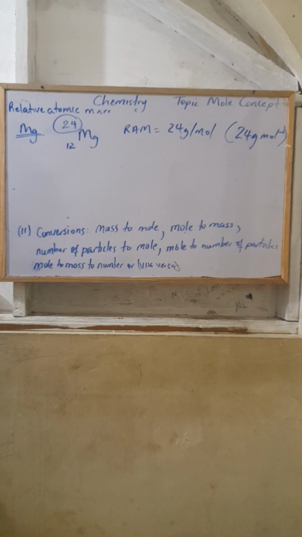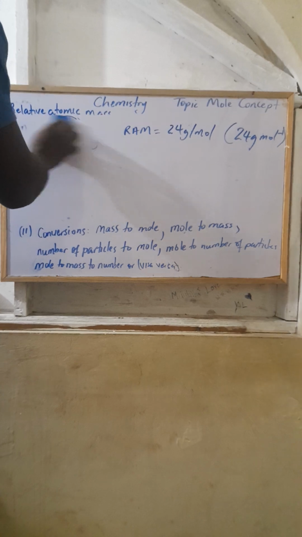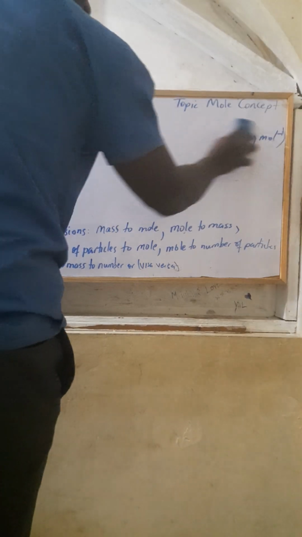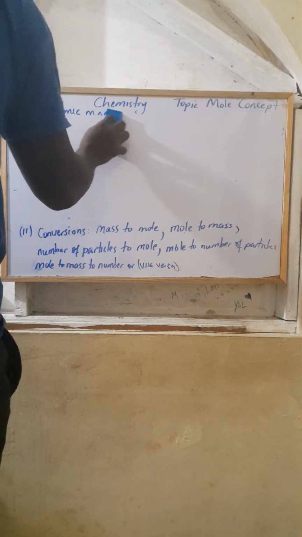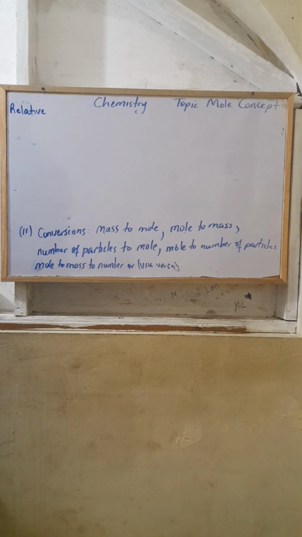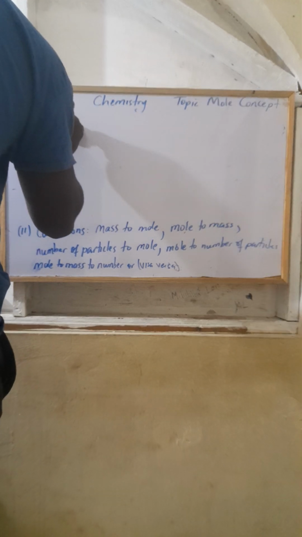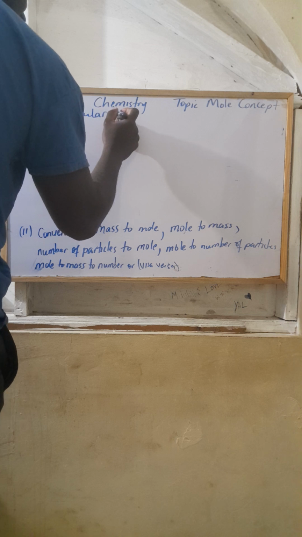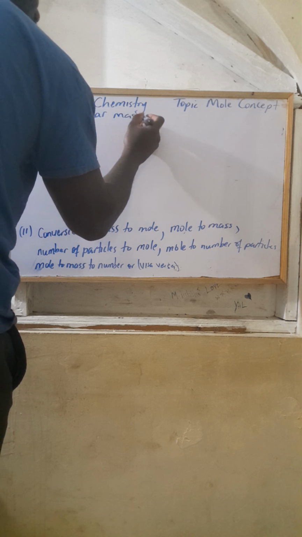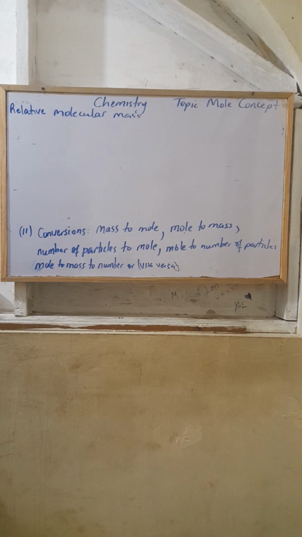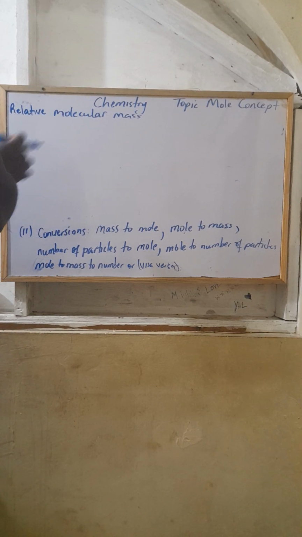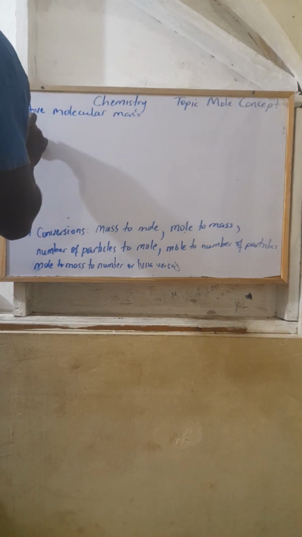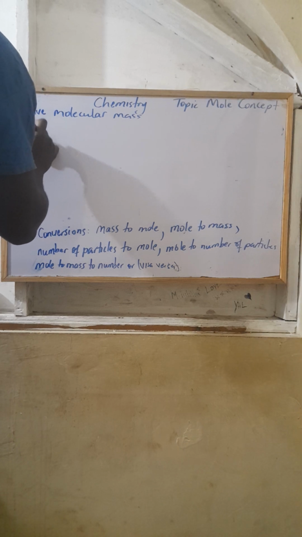All right? Now we're going to look at how to calculate relative molecular masses. Relative molecular mass is simply the molar mass of the covalent compound. Now, two examples I'm going to use today. This is familiar to all, H2O.